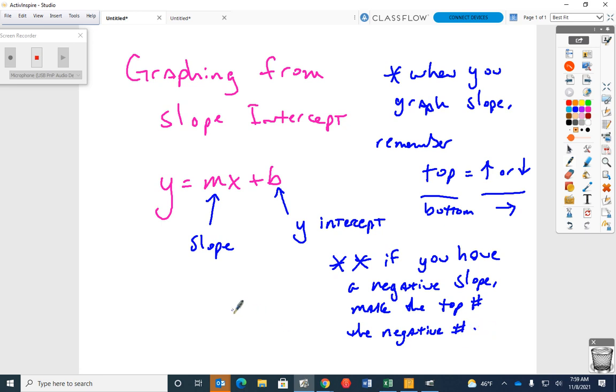In other words, let's say I had -3/5. That negative is going to move to the top, so it's going to be -3 over 5. Does that make sense? Does that make sense?